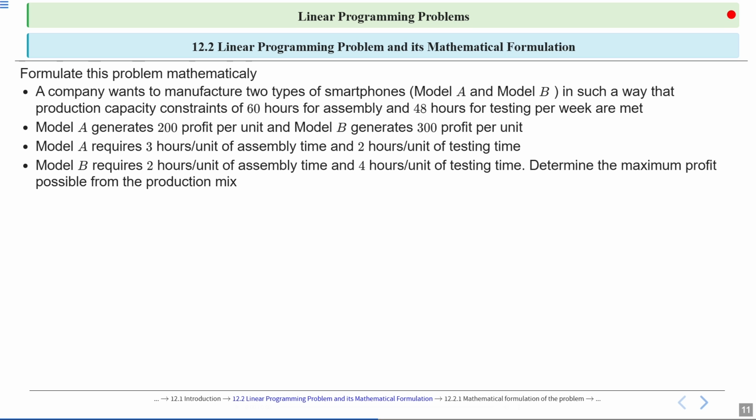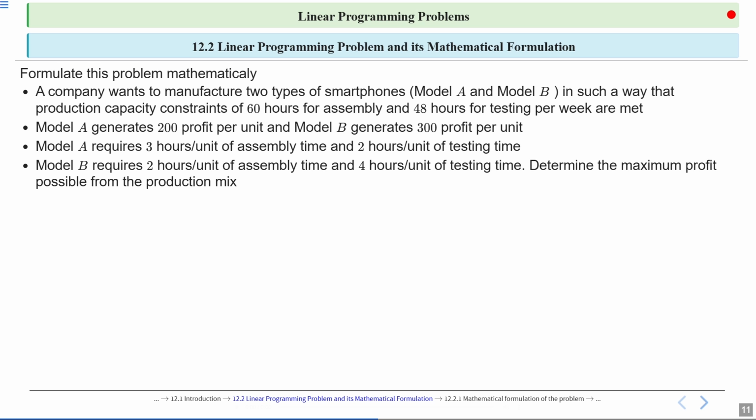Now here we formulate this problem mathematically. A company wants to manufacture two types of smartphone, model A and model B, in such a way that production capacity constraints of 60 hours for assembly and 48 hours for testing per week are met. Model A generates 200 profit per unit and model B generates 300 profit per unit.